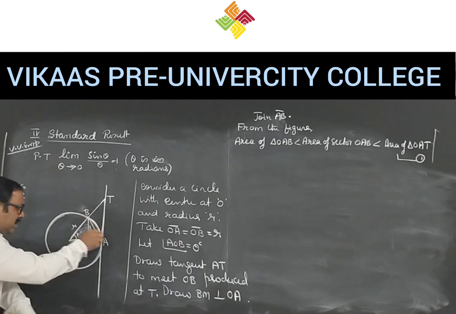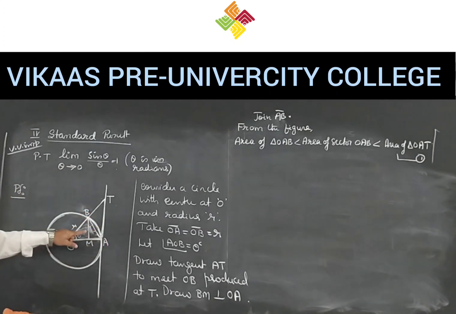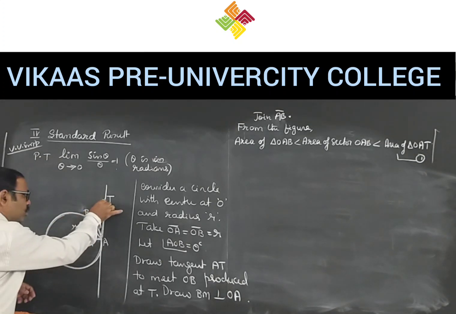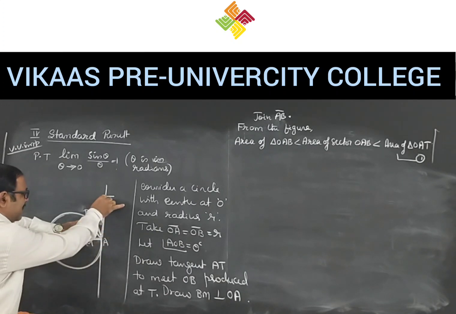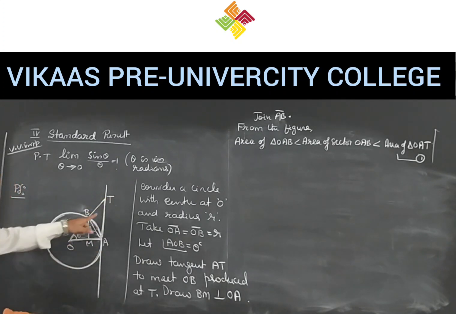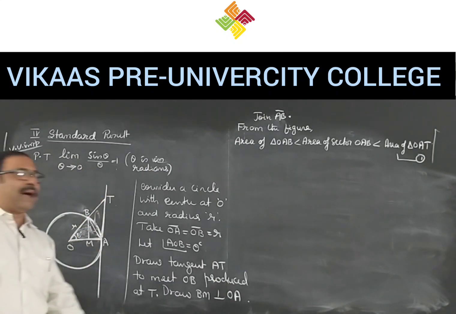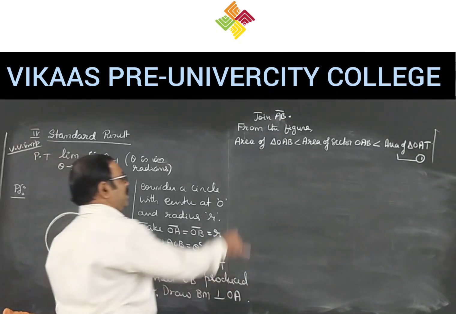Triangle is only this much, sector is this much. In turn, the sector is less than triangle OAT, because this extra area is there. Now we have just to find out the areas one by one.